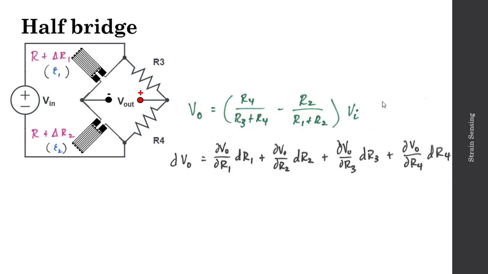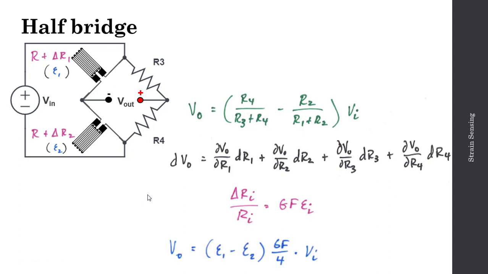And then we can continue and describe this change in the output voltage with respect to the change in each of the resistors in my circuit. Now, in this circuit, R3 and R4 are not changing, so these two terms are going to be equal to 0. And for these two terms, we're going to rely on the fact that the change in resistance with respect to that resistor is equal to the gauge factor times the strain imparted on that particular resistor, in this case, on that particular strain gauge.